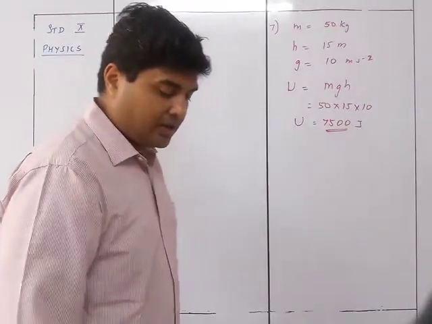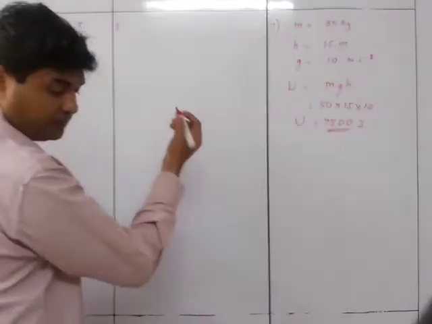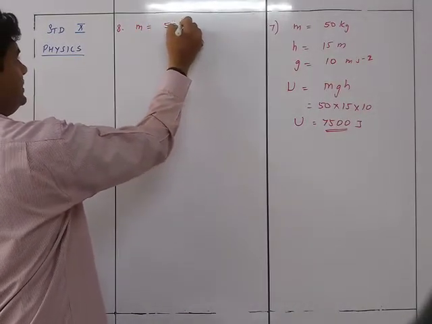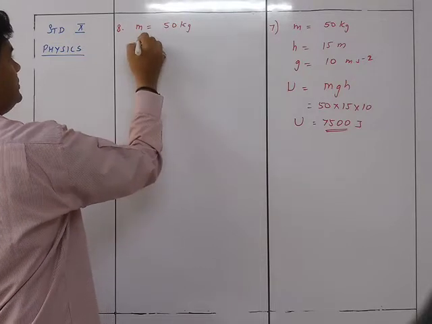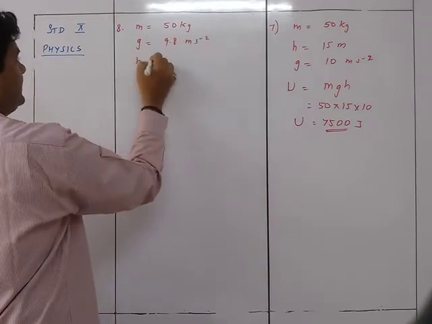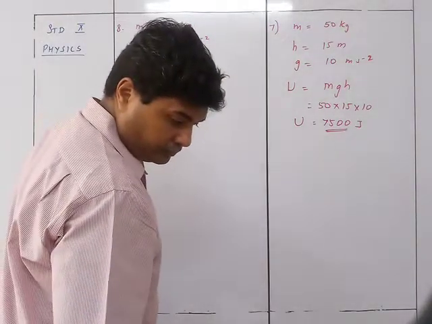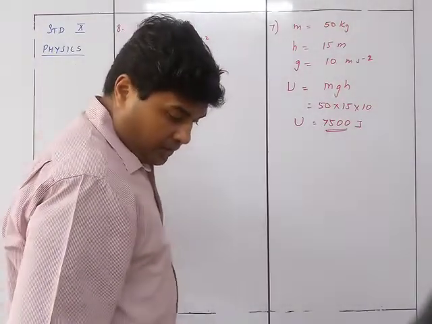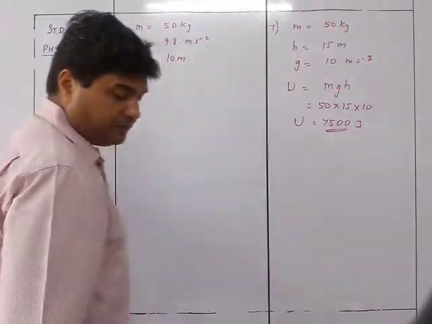Okay, the first thing is you need to know the data. Accordingly, we have mass is equal to 50 kg, g is equal to 9.8 meter per second square, h is equal to 10 meters. You have to calculate the work done.